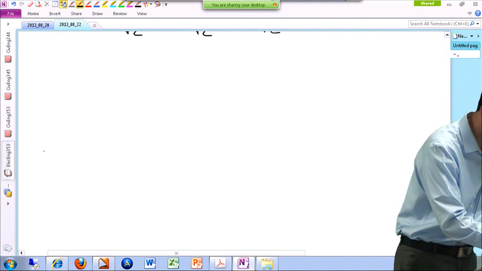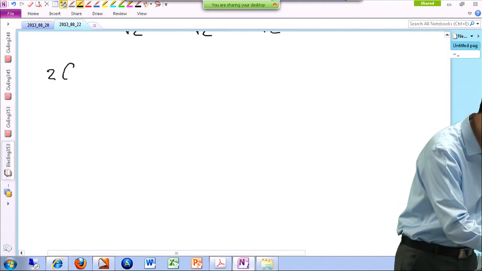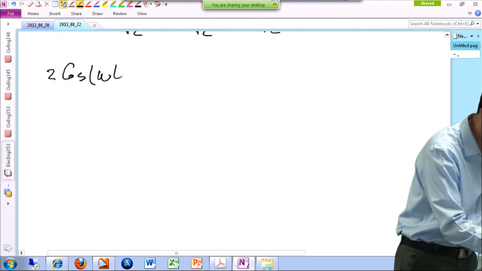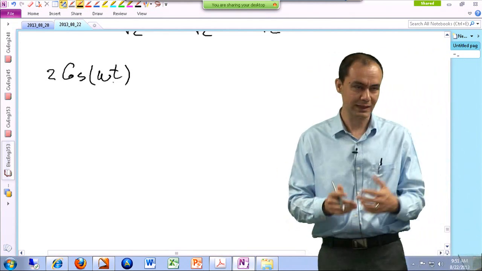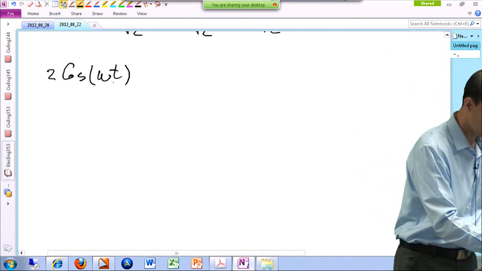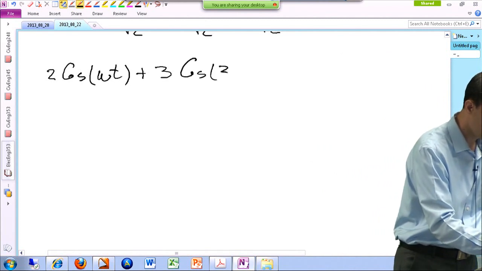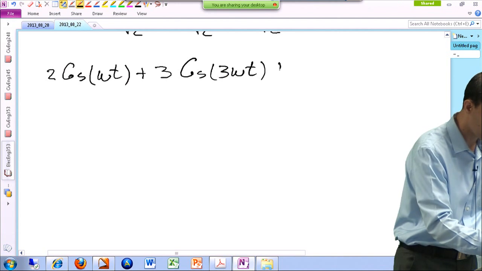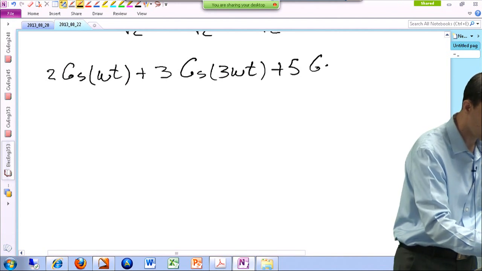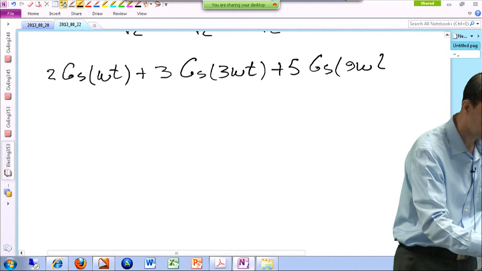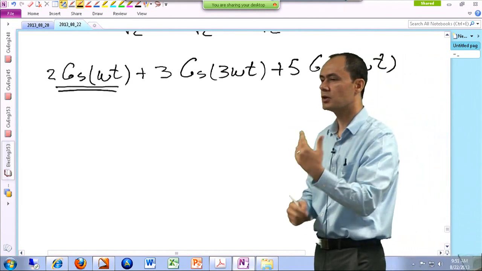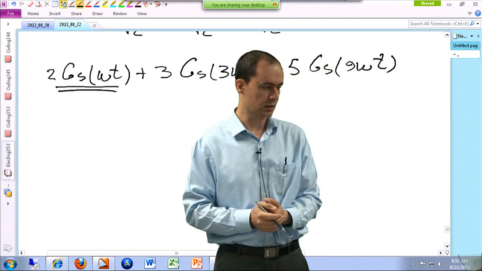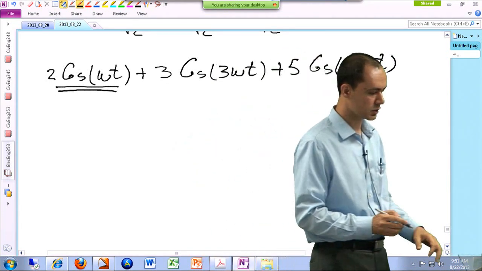Let's say I have a signal like 2 cosine of omega t, and I agreed that this is my fundamental harmonic and this is the desired signal. And the junk is, for instance, 3 times cosine of 3 omega t plus 5 times cosine of 9 omega t. So this is my desired signal, and the rest of it is a bunch of harmonics that appear in my signal. And I'm trying to find the total harmonic distortion here.